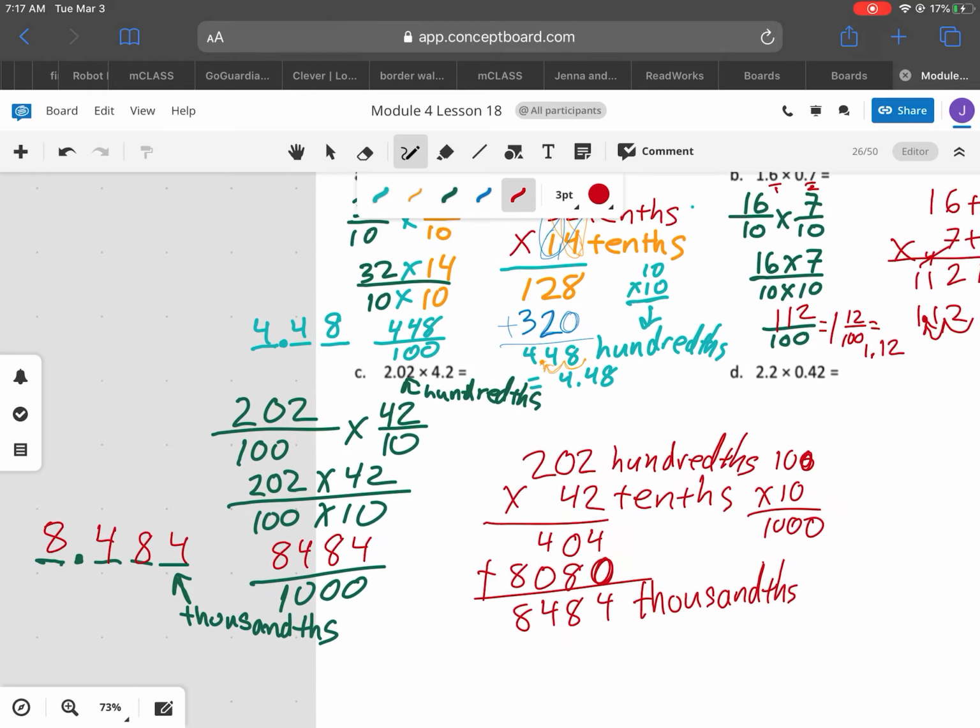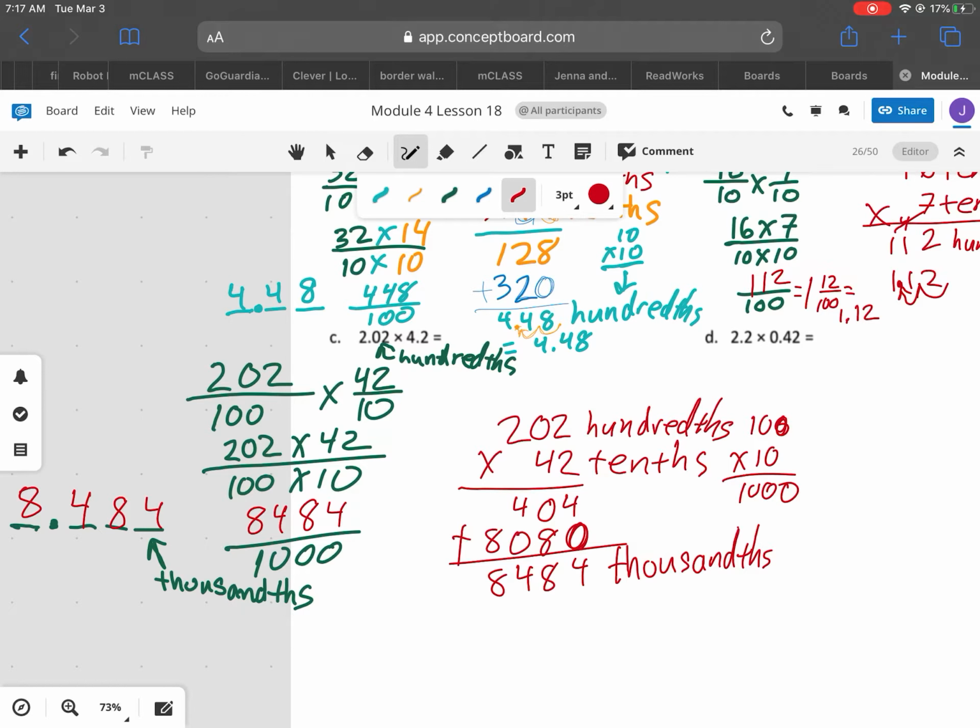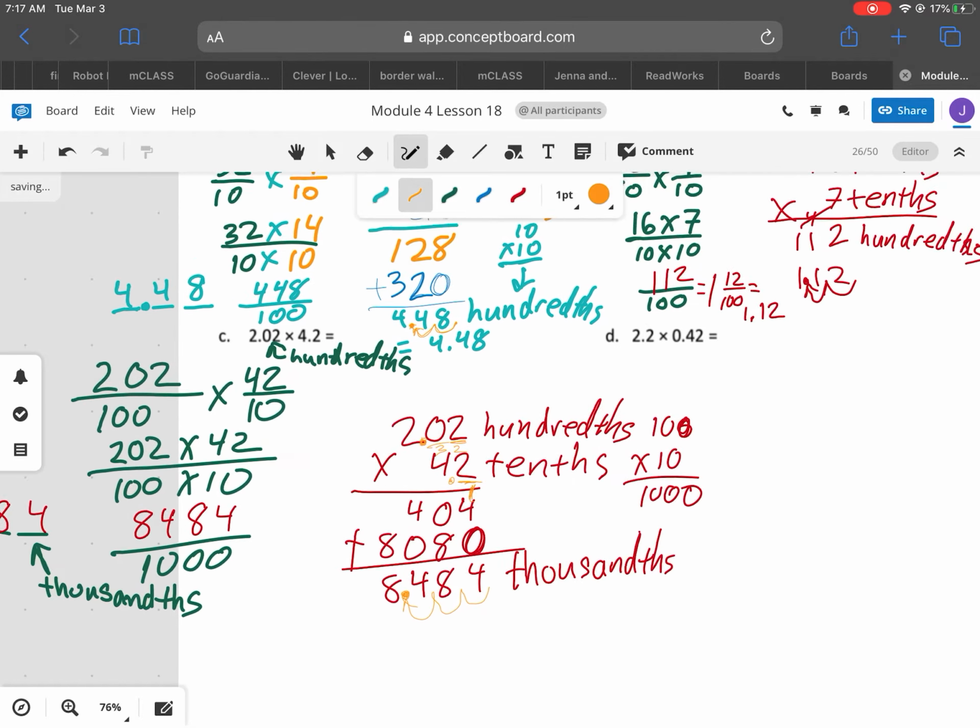Alright, and same thing over here. In this one, we're going to count our decimals. We actually have 2 decimal places. We have 1, 2, 3. So we're going to go 1, 2, 3.